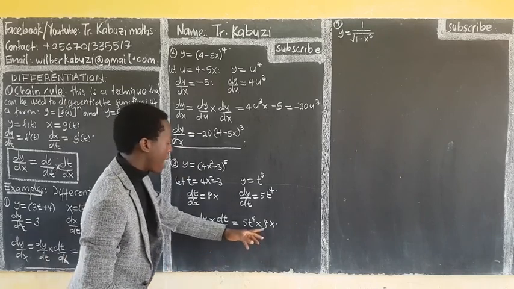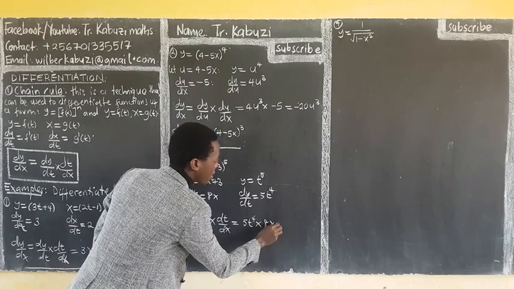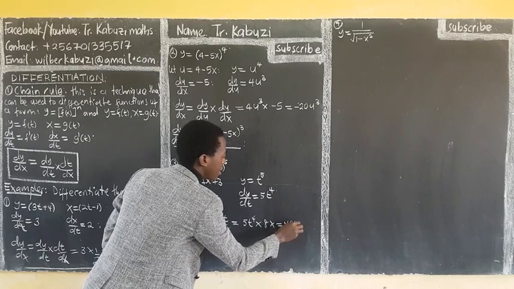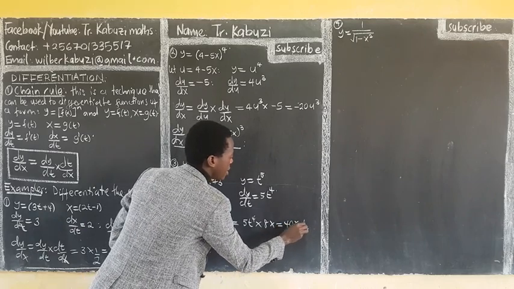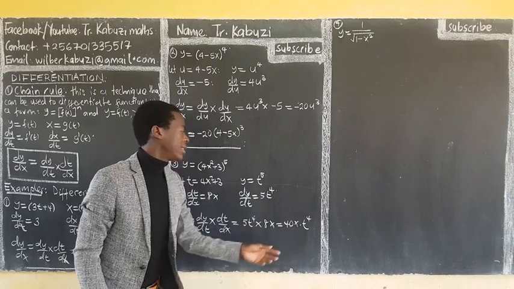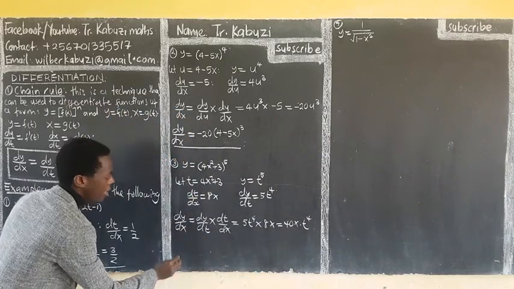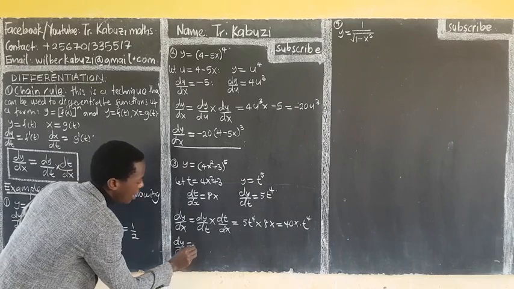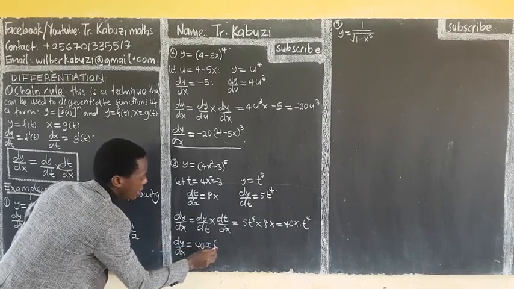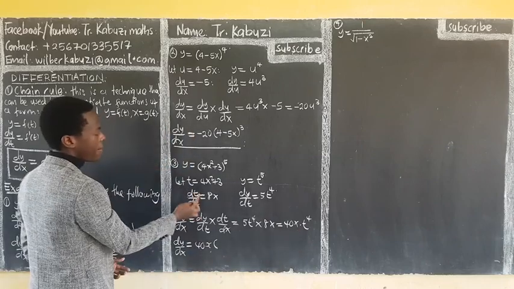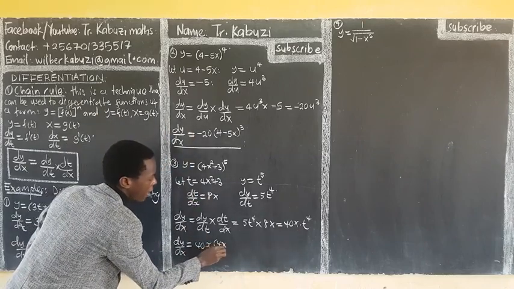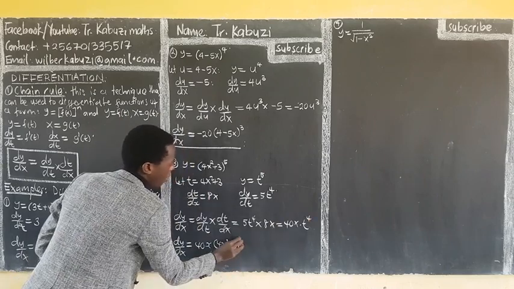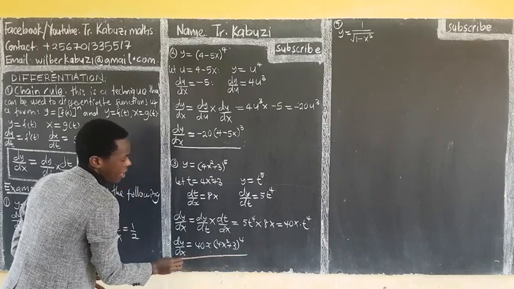When I multiply this here, I'll be having 40x, then times t to the power 4. And now my t, I have it here. So now my dy/dx will be giving me 40x times what t is. My t is here, 4x squared plus 3, now to the power 4. That will be our answer.